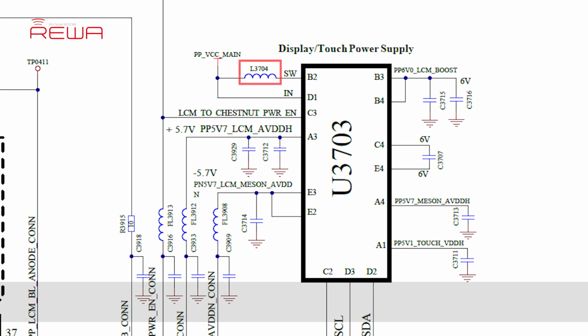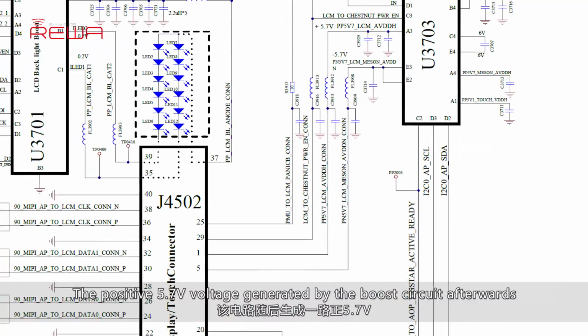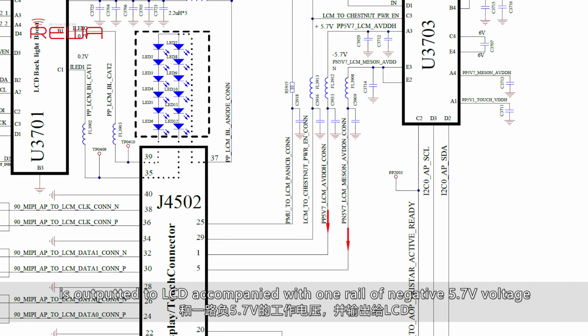U3703 will then form a boost circuit with L3704, C3715, and C3716. The positive 5.7 volts voltage generated by the boost circuit afterwards is outputted to LCD accompanied with one rail of negative 5.7 volts voltage.